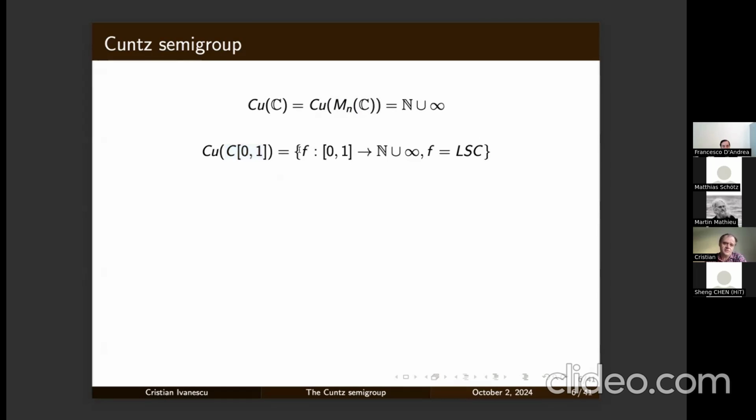And it turns out this is the set of functions which are lower semicontinuous with values inside the natural numbers union with infinity. And for the non-expert, what corresponds to this infinity point? For instance, an operator of infinite rank, if you have a compact operator of infinite rank.